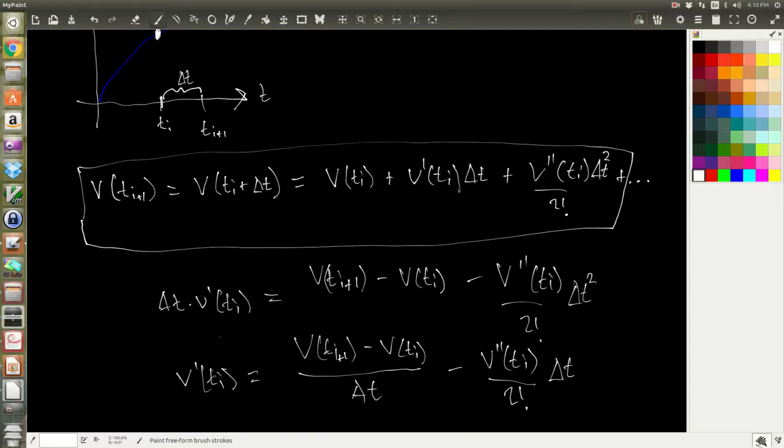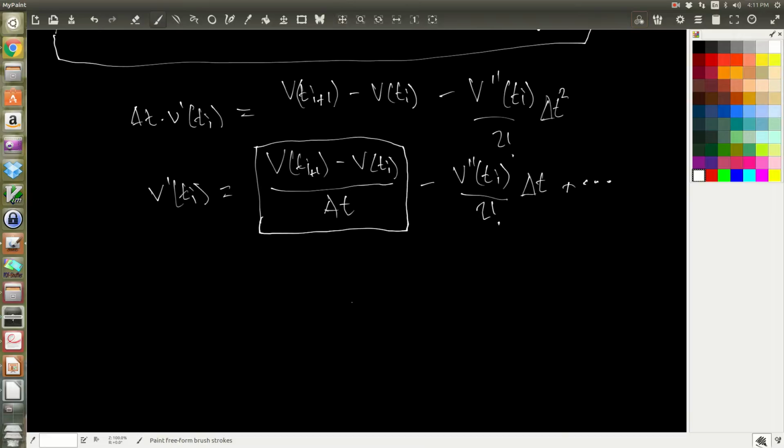So what we can see here is this is what we actually used for our approximation to the derivative before. So this term right here and all the other terms that we cut off represent the error in this approximation to the derivative.